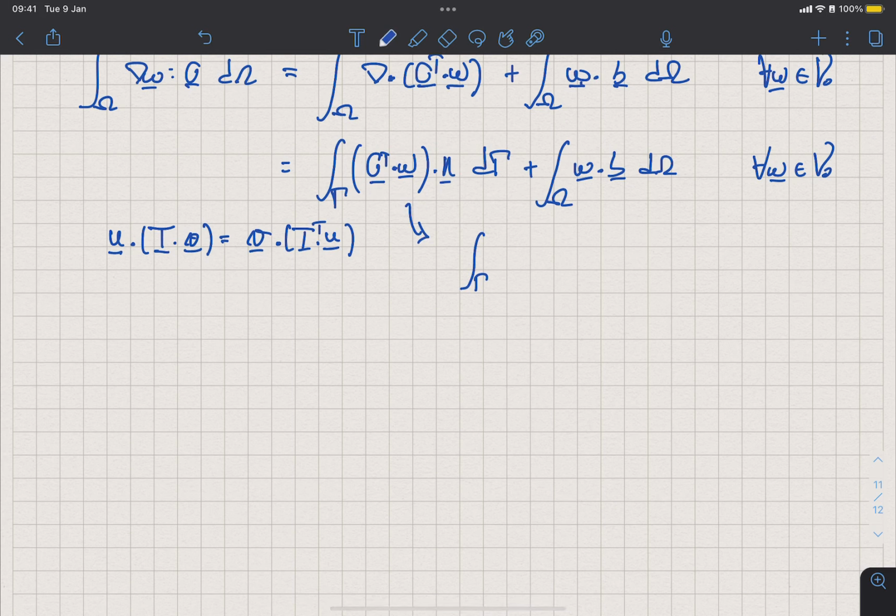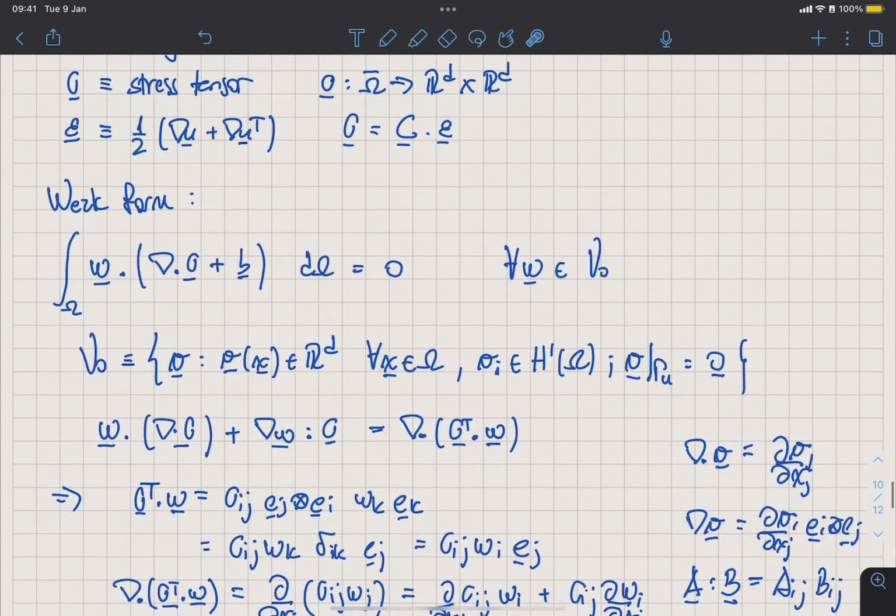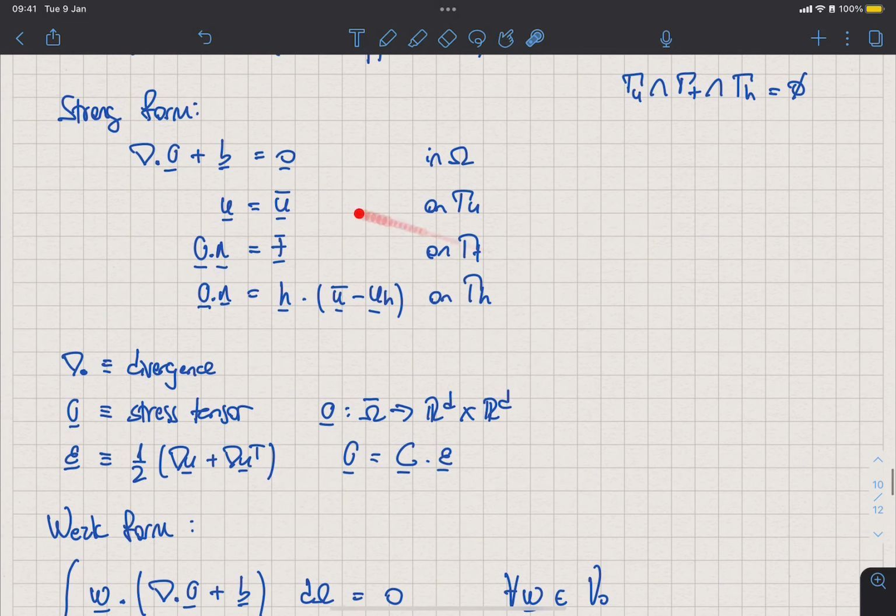It's going to be equal to the integral of W dotted with sigma operating on N. And look how nicely the natural boundary condition arises without even making an assumption on the structure of the stress tensor. Because now I know that this term right here, and I can relate to what we wrote in the beginning of the strong form, these guys can be replaced by these guys.